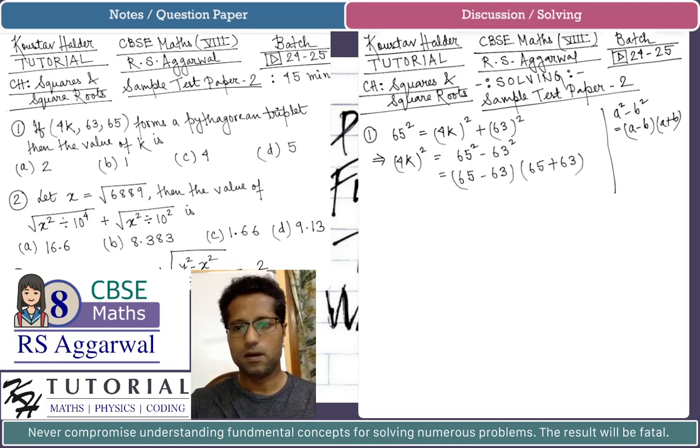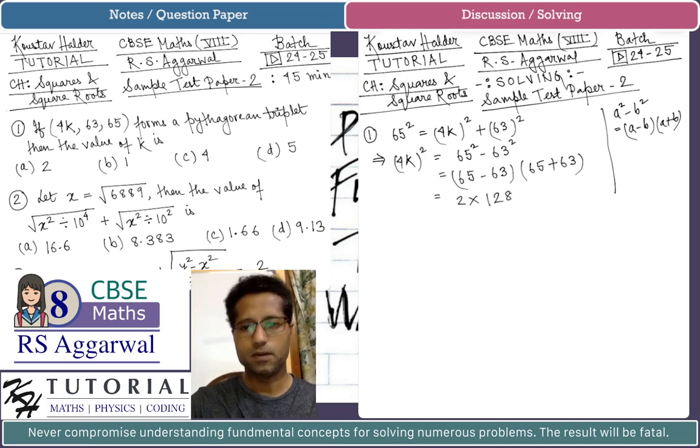This is equal to 65 minus 63 is 2 multiplied by 65 plus 63 is 128. Now the left hand side (4k) whole square means 4 square multiplied by k square is equal to 2 multiplied by 128.